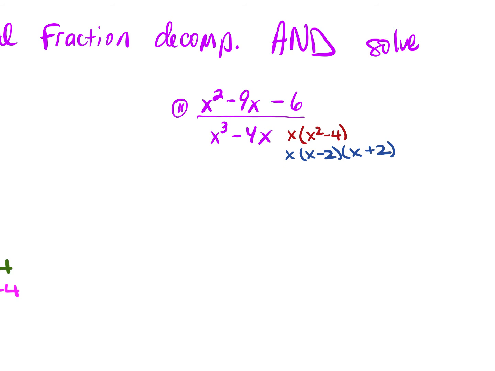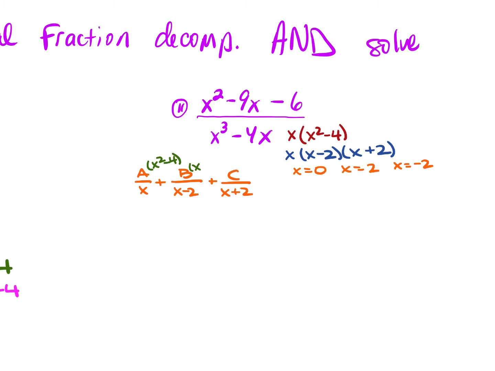You're going to need this because x is equal to 0, x is equal to 2, and x is equal to negative 2, when you use your a over x plus b over x minus 2 plus c over x plus 2. So that a, we multiply by x squared minus 4.